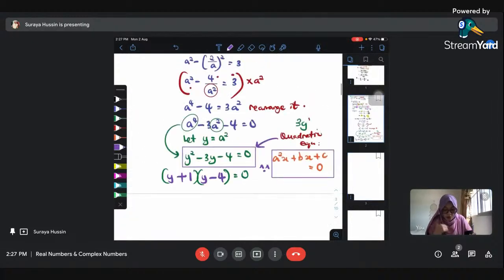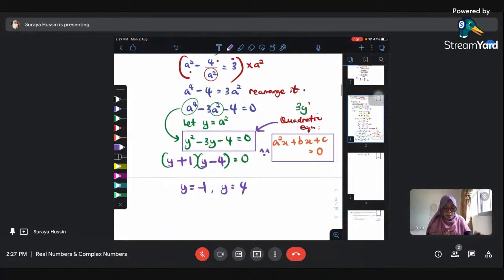Okay, so now, of course, you dah tahu apa nak buat. Your y is finally equals to -1 and another one is 4, right? But you do not want y. Pada asalnya, huruf yang kamu tengah mencari adalah huruf A, bukan y, betul tak? So, your A, saya guna huruf biru balik.